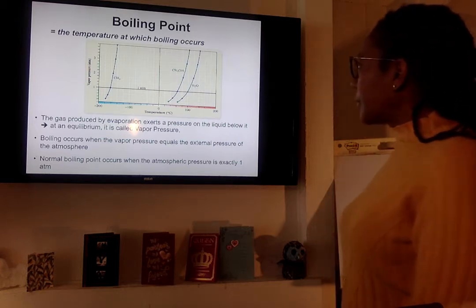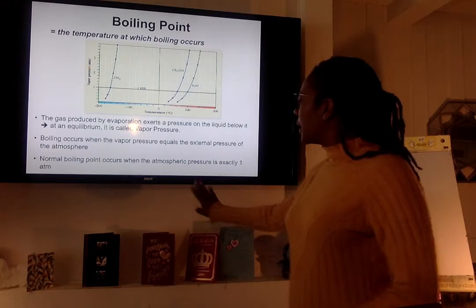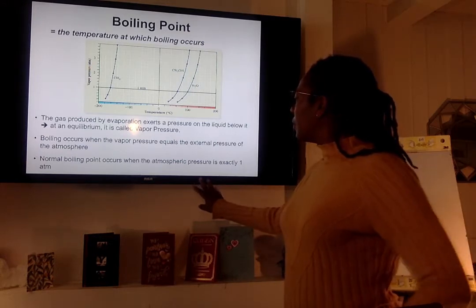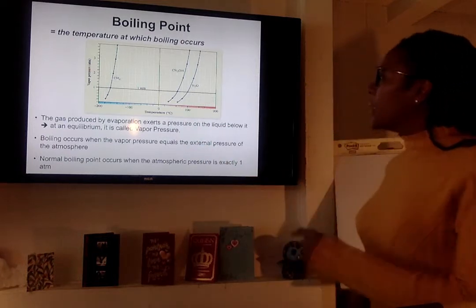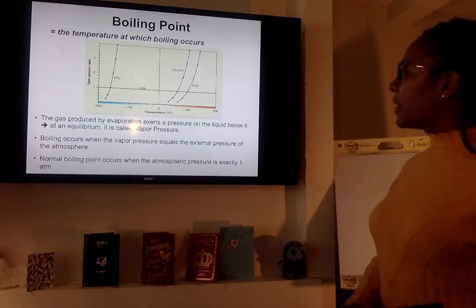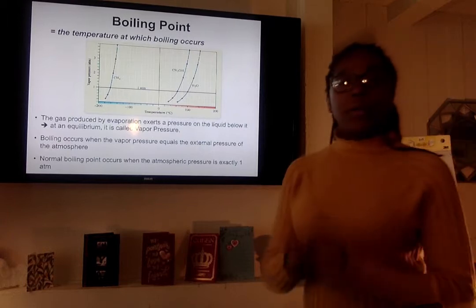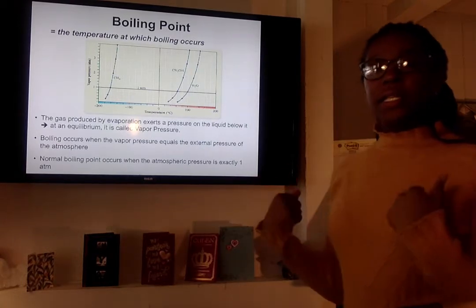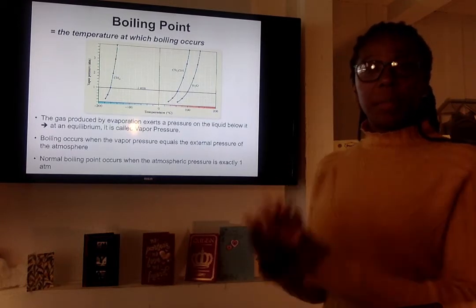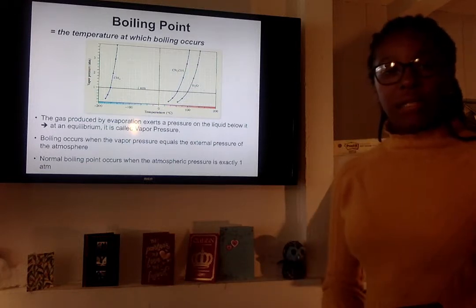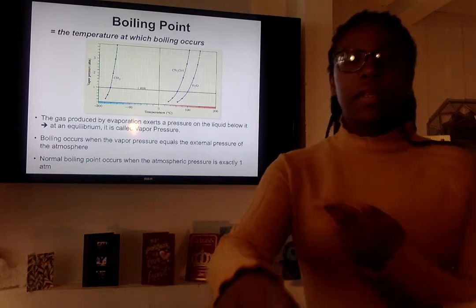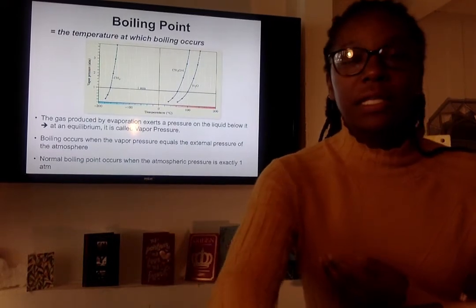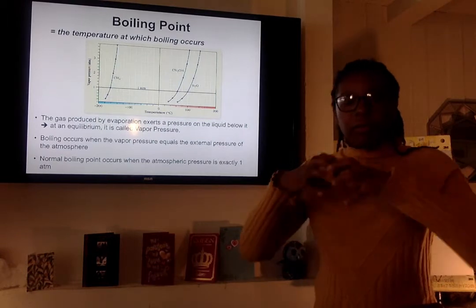So, just to touch on this, let's start at the beginning. It says the gas produced by evaporation. What is the phase change of evaporation? Well, we just talked about evaporation or vaporization and condensation. If something is condensing, what is it doing?